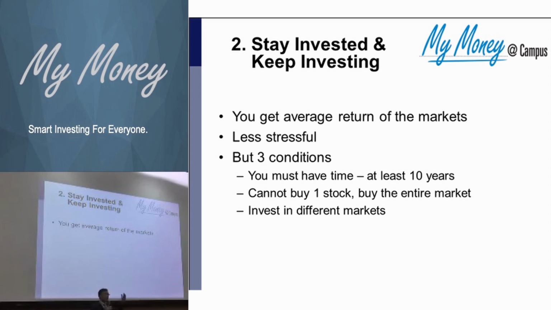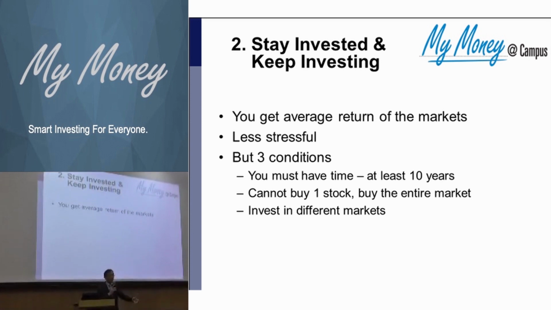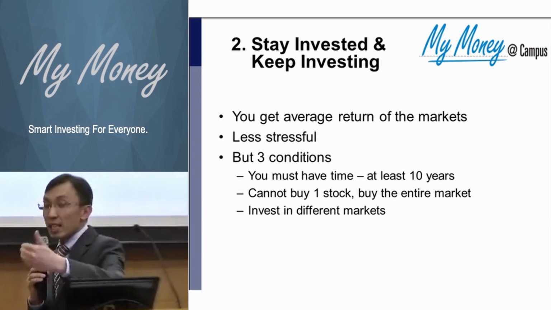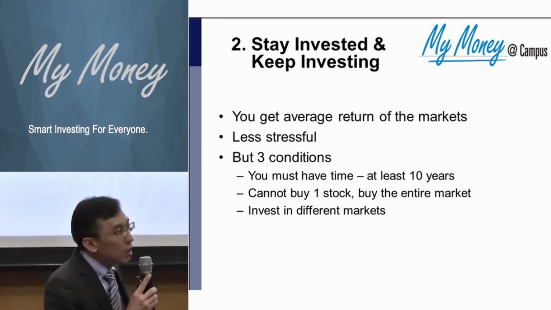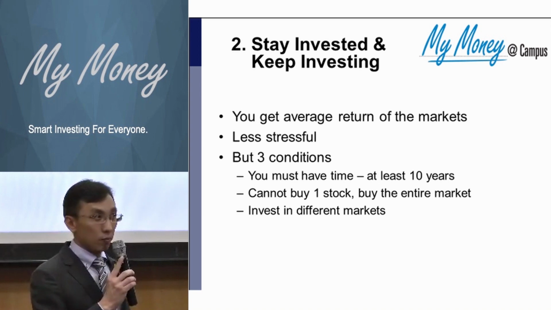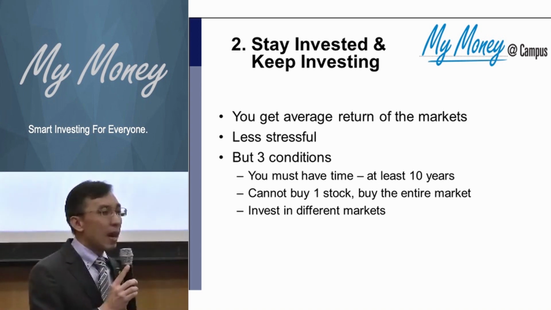So if you look at the first four charts that I showed you earlier, and I gave you the average return, some were like 3%, the highest was I think the S&P 500 at 9%. So if you stay invested throughout 25 years in the S&P 500, you would have gotten an average of about 9% total return. You're not going to get the best return, you're just going to get the average return.